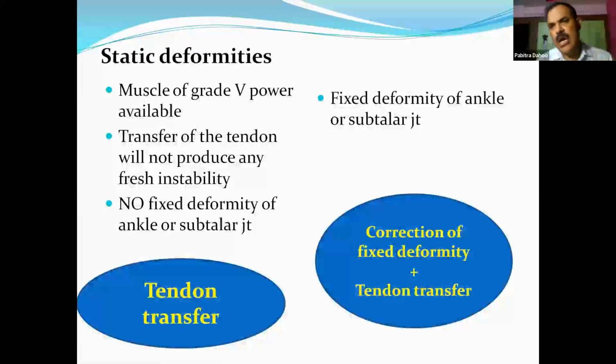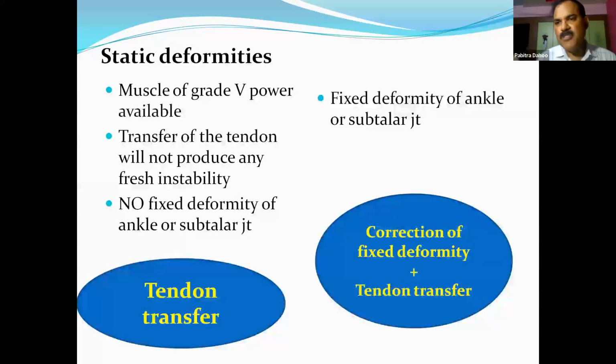Now, how to judge, how to decide when to do what type of procedure? Start with the static deformity, because for dynamic deformity the first preference is conservative: antispastic casting, splinting, wedging, all these things. But in the static deformity, what are our limitations? We must know. If you have a muscle of power 5, that means you have good muscle power in one group of muscle and other groups are weak, provided the transferred tendon will not produce any fresh instability.